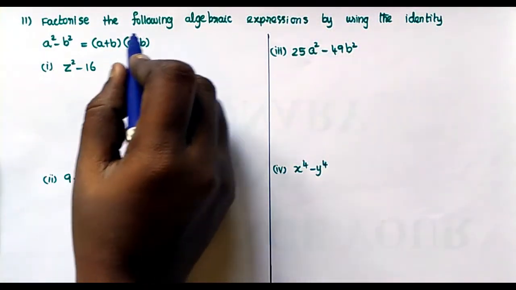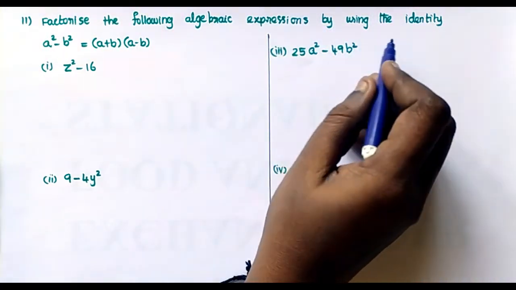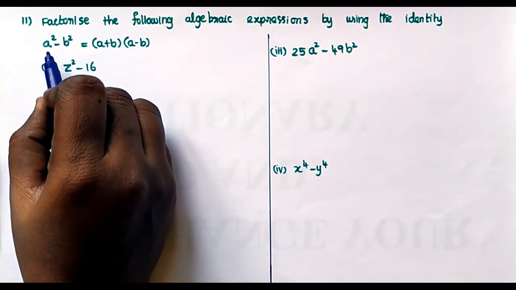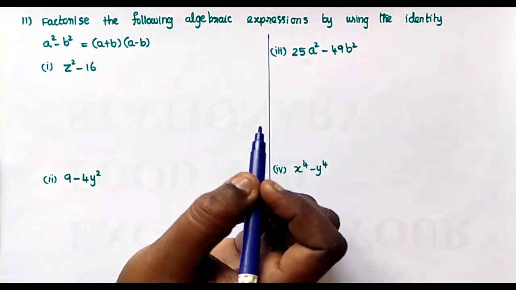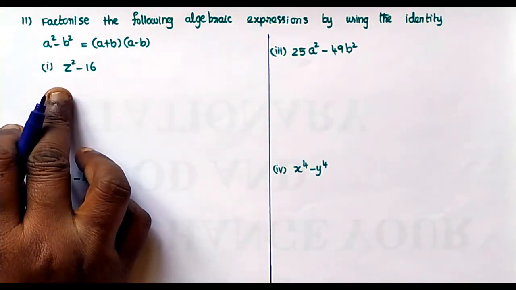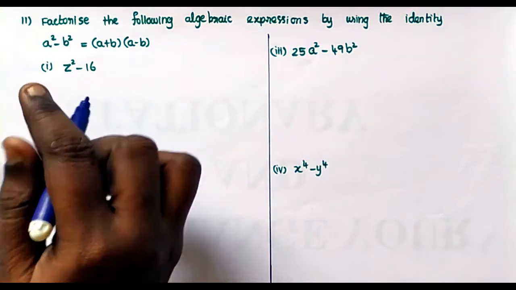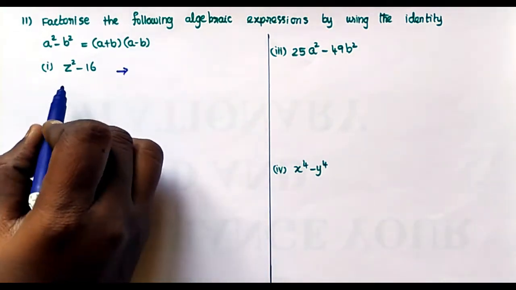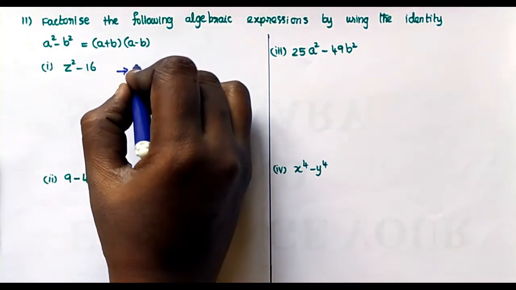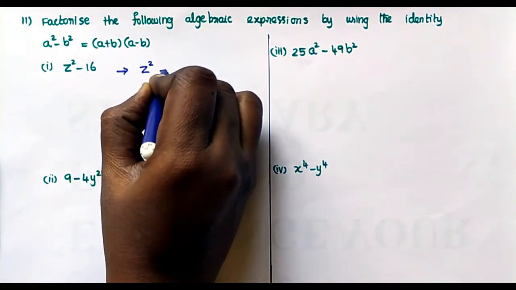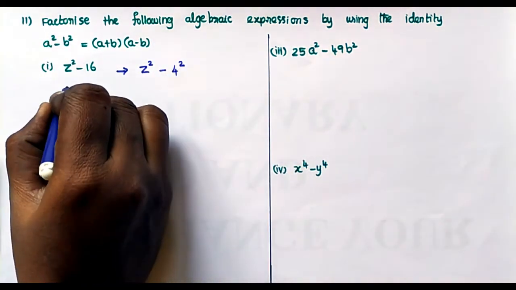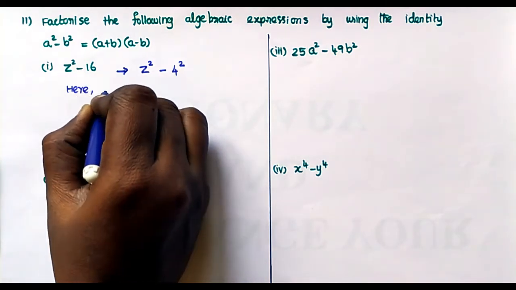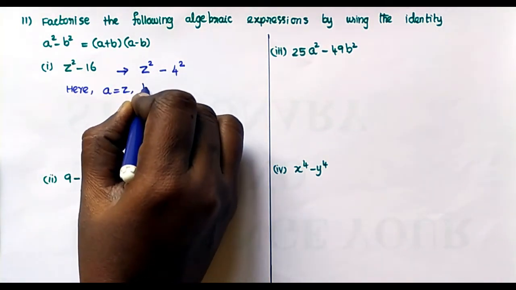11th sum. Factorize the following algebraic expressions by using the identity a squared minus b squared equal to a plus b into a minus b. Listen, first subdivision, z squared minus 16. How will you write that? z squared minus 16, that is 4 squared. Here a equal to z, b equal to 4.